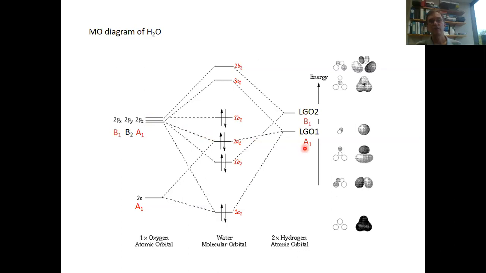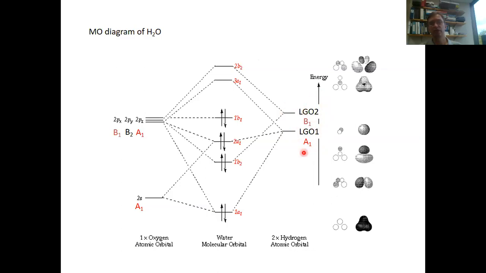So then we have 2 ligand group orbitals to consider, which we write on the right-hand side. We can write them also according to energy. You see that the LGO1 has a somewhat smaller energy here than the LGO2. That is because if we inspected the two more closely, we would find that the first one has no node, while the second one has actually 1 node.